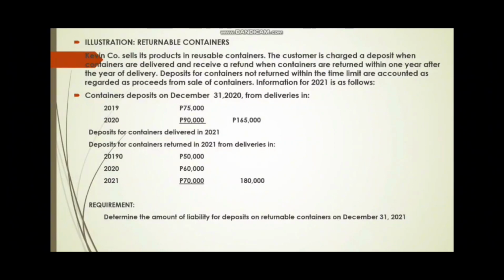Deposits for containers as of December 31, 2020 from deliveries in 2019 is 75,000 and in 2020 is 90,000, which equals 165,000. Deposits for containers returned in 2021 from deliveries in 2019 is 50,000, 2020 is 60,000, and 2021 is 70,000, and these three equal 180,000. The requirement is to determine the amount of liability for deposits on returnable containers on December 31, 2021.